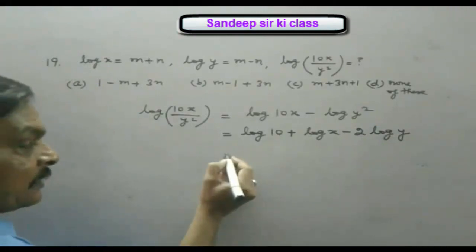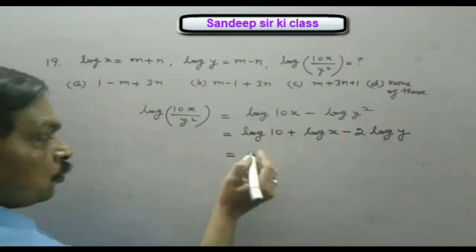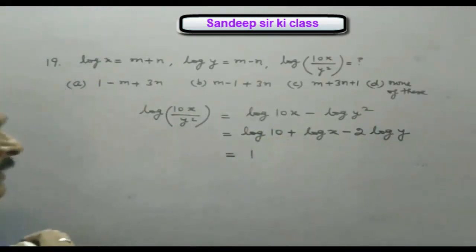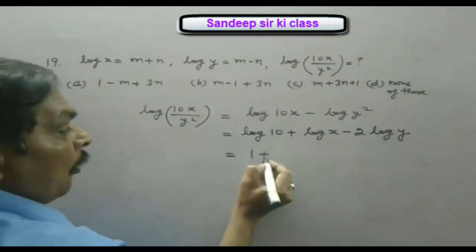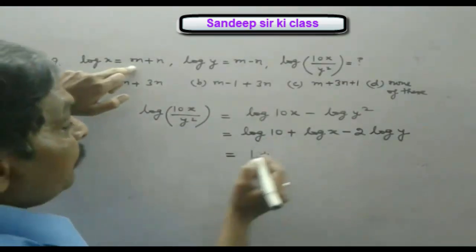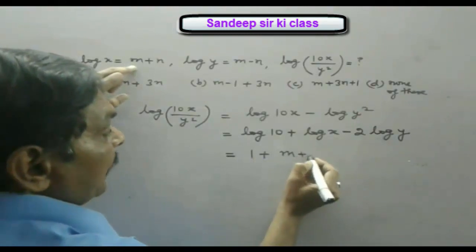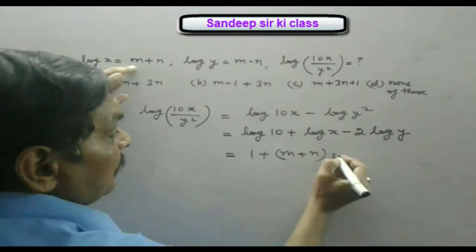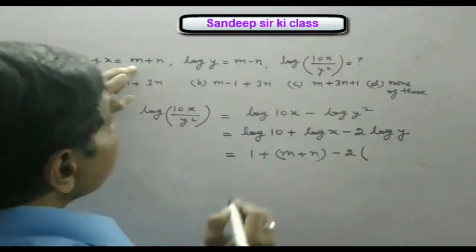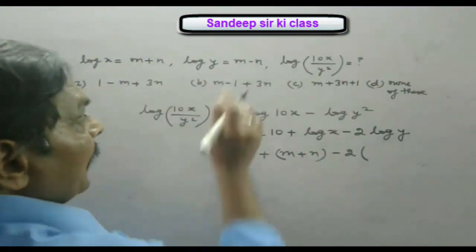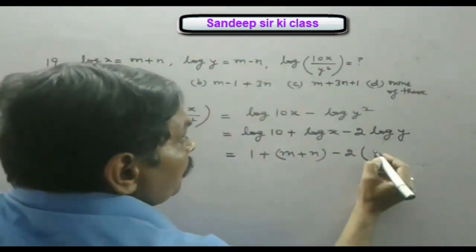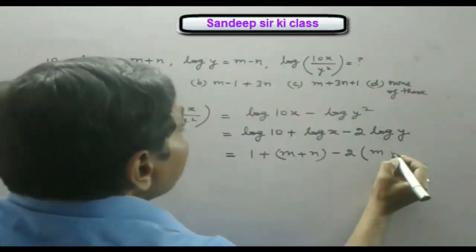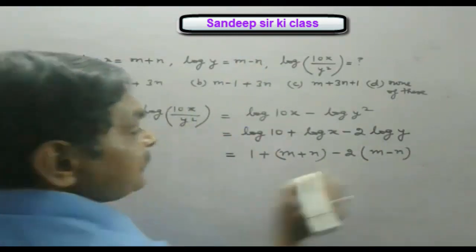Now log 10 is 1, because 10 base 10 is 1. So the first term is 1. What is log x? Log x is given m plus n. So I am writing it m plus n minus 2 times log y, and log y is m minus n. So in place of log y, I am writing m minus n.